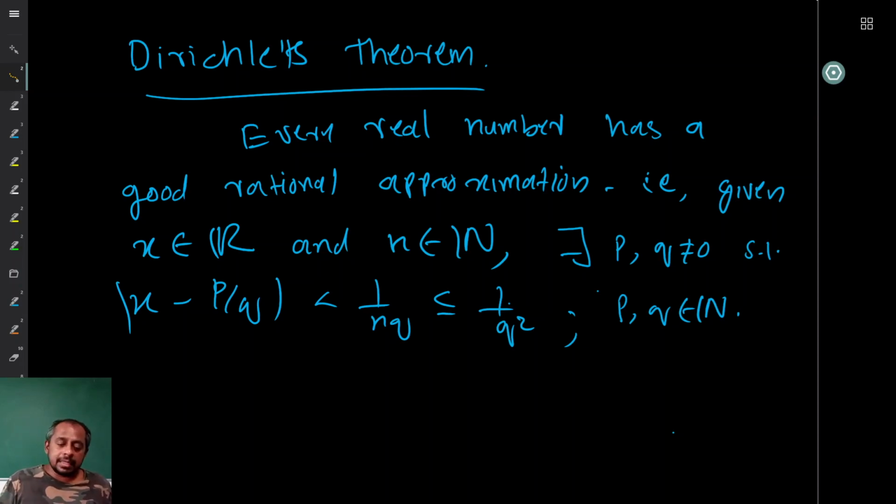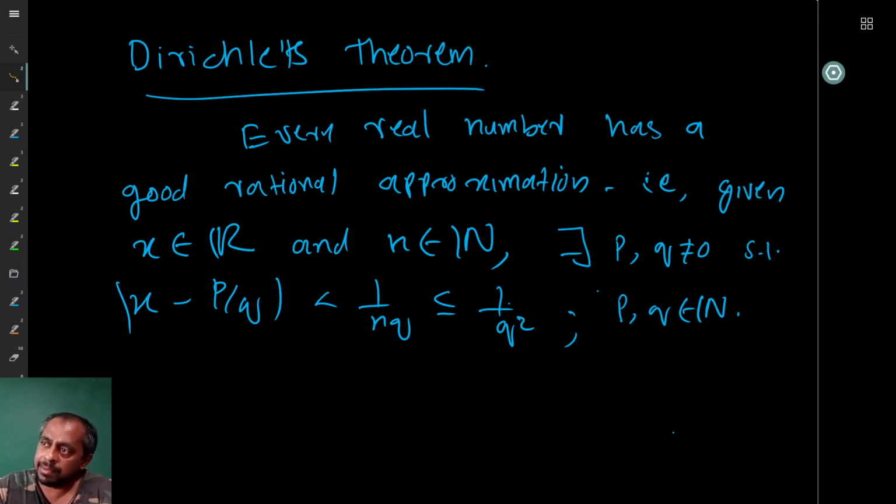But what Dirichlet theorem says is that every real number has a very good rational approximation. That is, given any real number and given any epsilon, right?